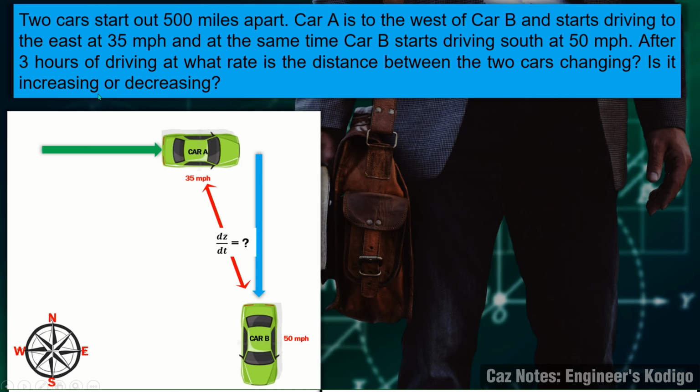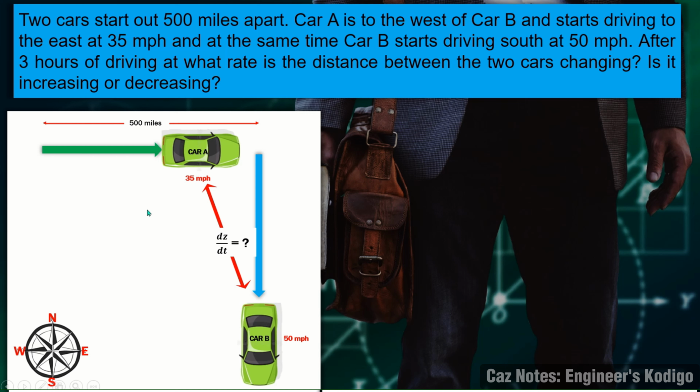And then, according to the problem, at time t equal to 0, the initial distance between car A and car B is 500 miles.